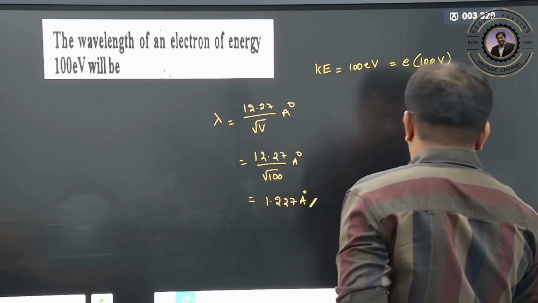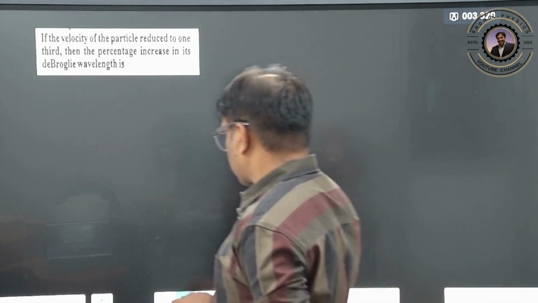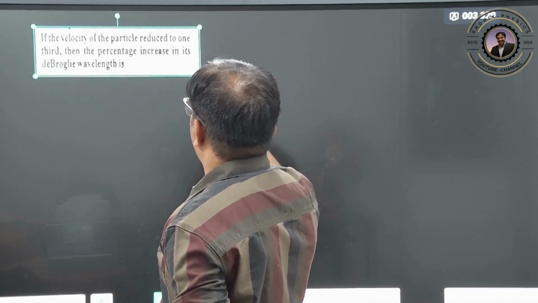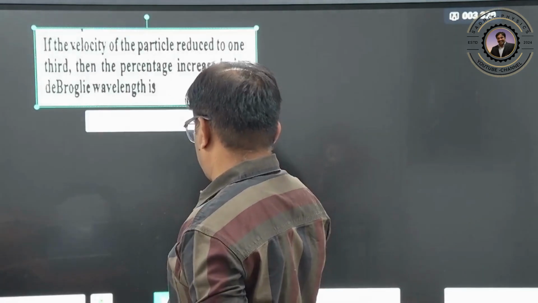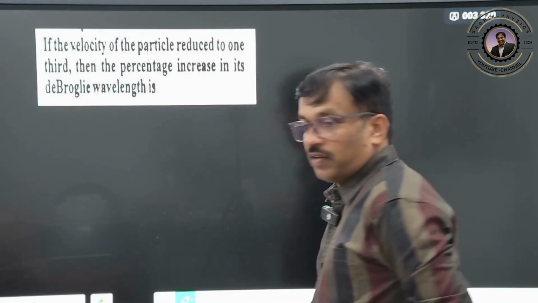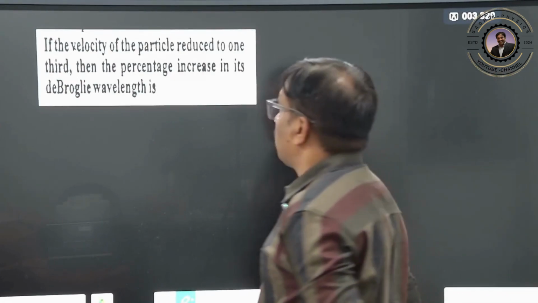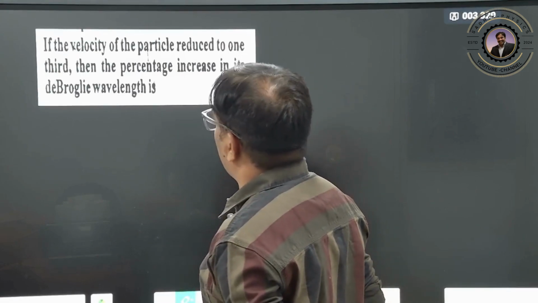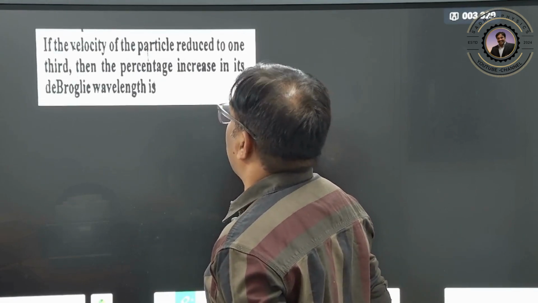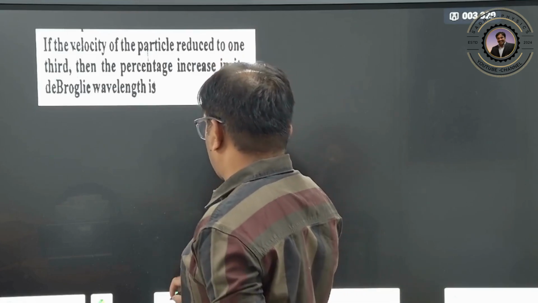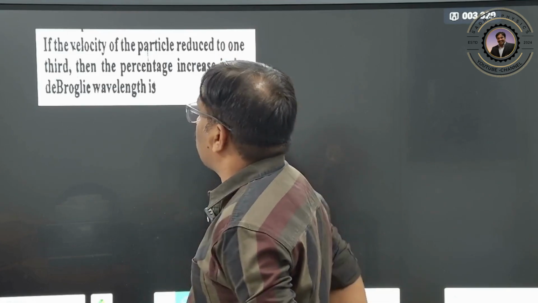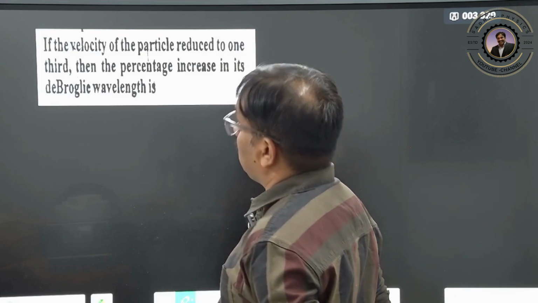Right? Now, let us see. If the velocity of the particle is reduced to 1/3, then find the percentage increase in the de Broglie wavelength.